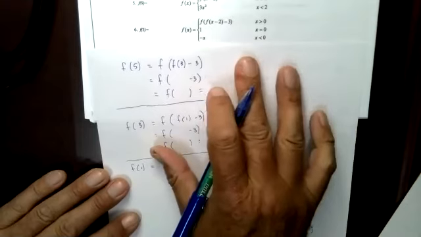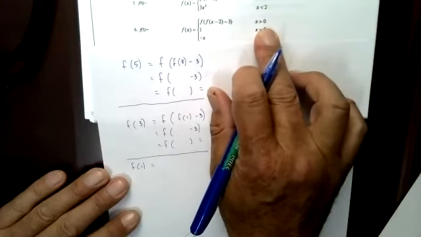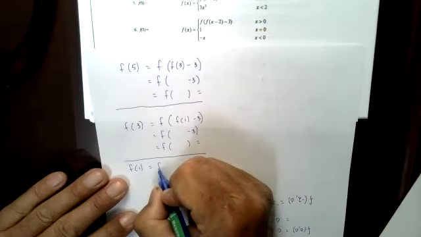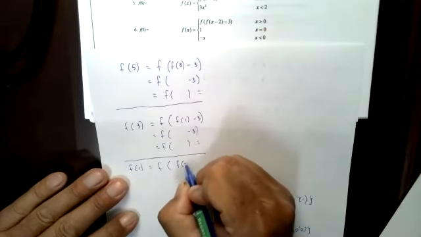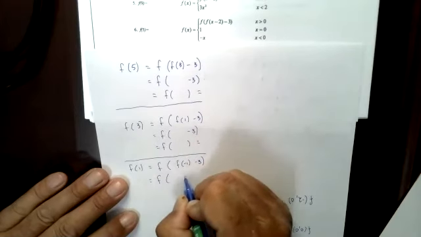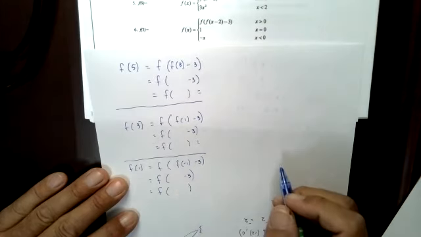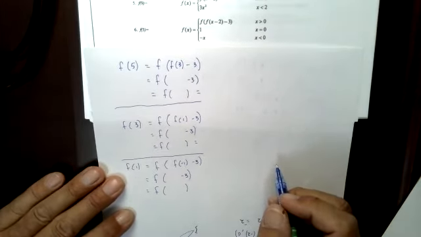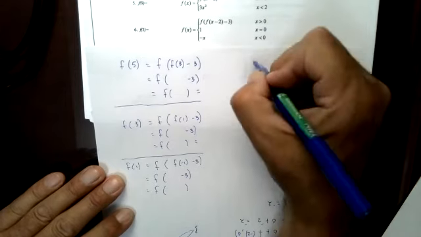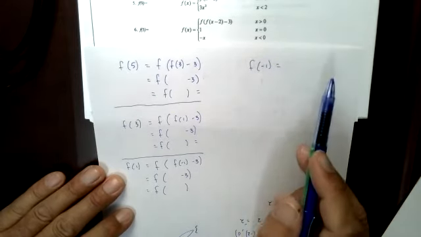F of 1 falls into still the greater than category. Huh. F of negative 1 minus 3. F of something minus 3. F of something. F of negative 1. What is f of negative 1?